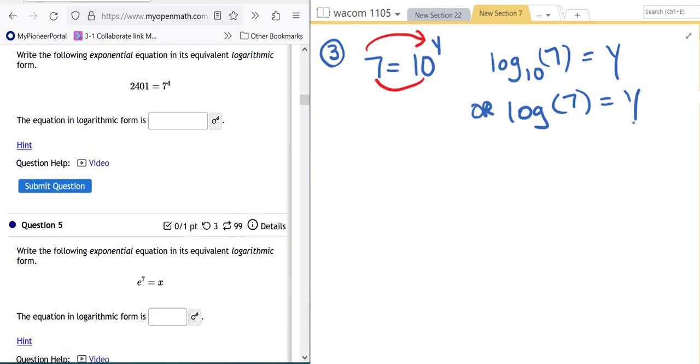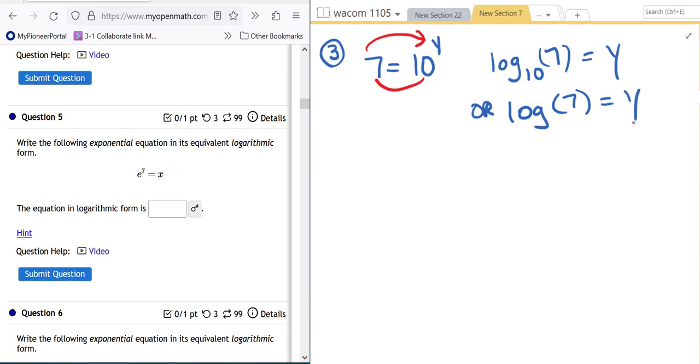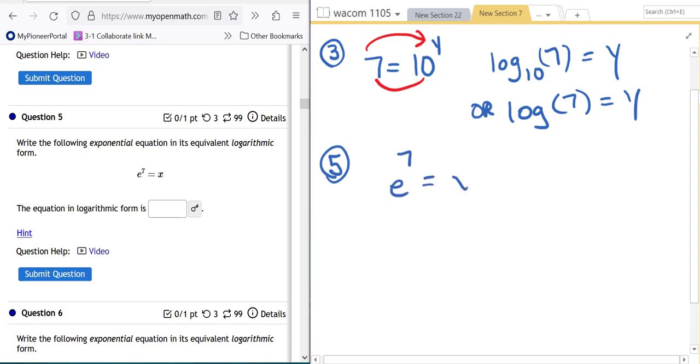Next I went to problem 5. And we have e to the 7th equals x. And we're going to switch the form. So you start at the base, right? And when you work with the base e, you're going to switch notation to natural log. And I usually use a cursive L there, just so it won't be confused with a 1.